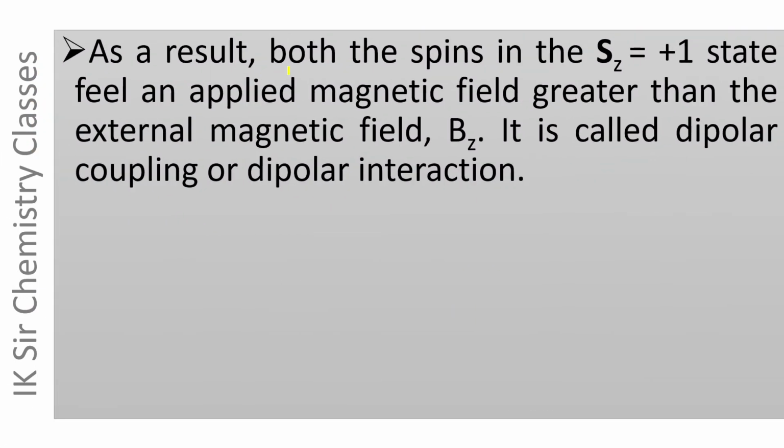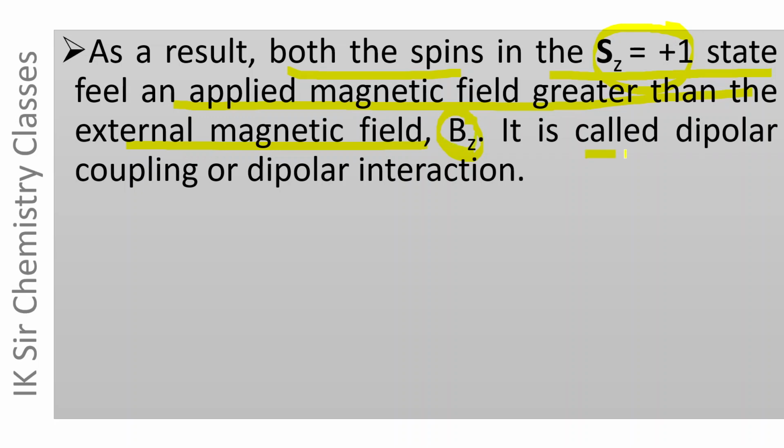As a result, both the spins in the Sz equals plus 1 state feel a magnetic field greater than the external magnetic field. If we apply an external magnetic field Bz, both the electrons of this energy level experience a magnetic field greater than this value.